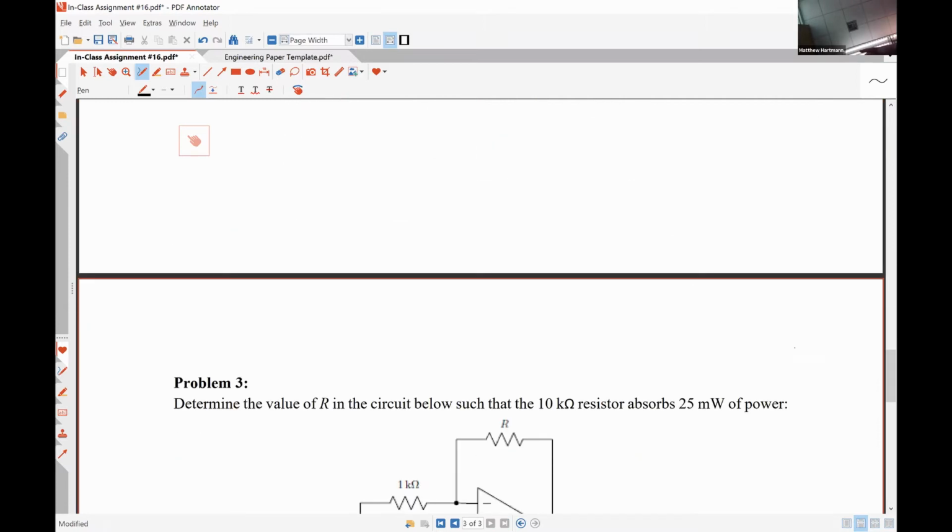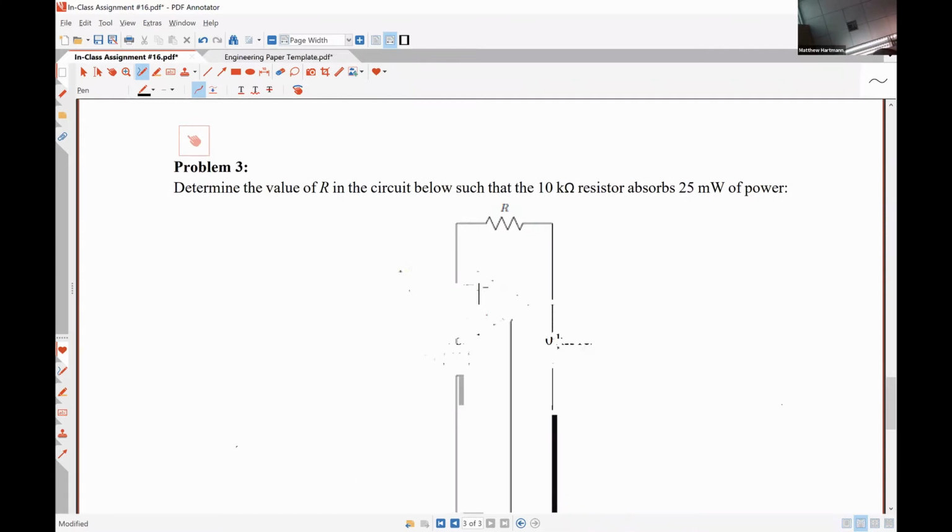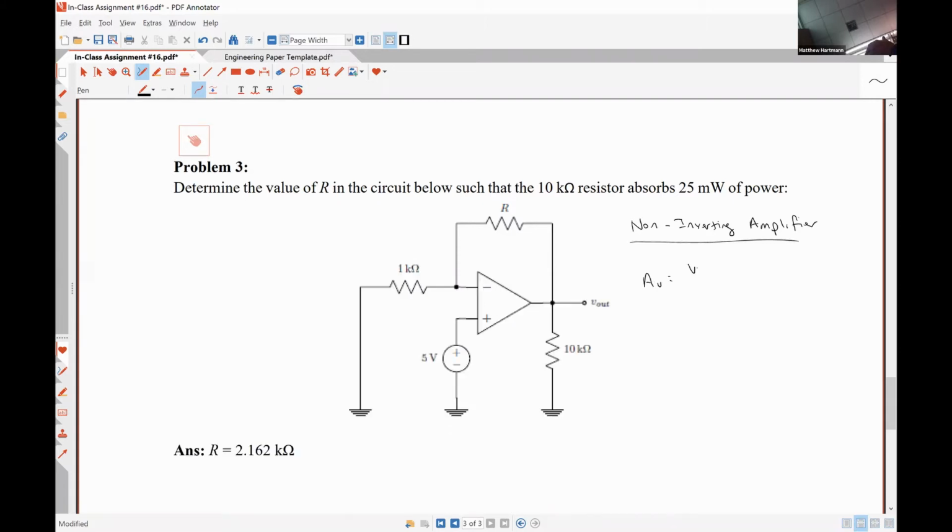Let's see, third problem here. This is a more strict and straightforward non-inverting amplifier, where we know, again, that AV is equal to V out divided by V in, which is 1 plus RF over RN, where here's our feedback resistor, here's our input resistor.